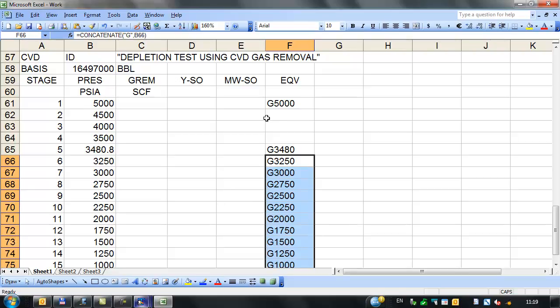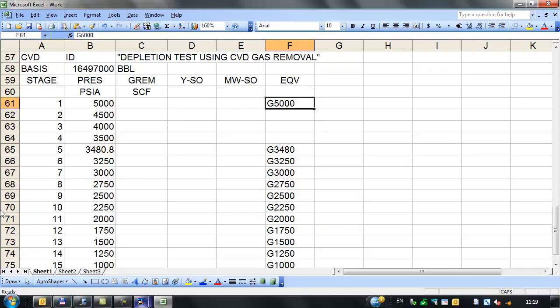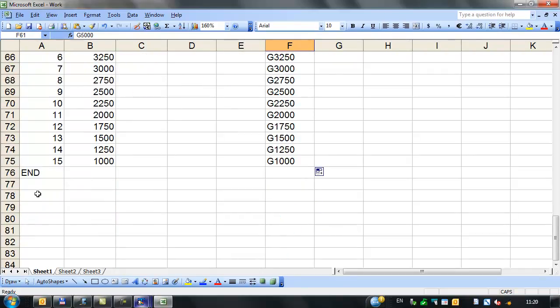That's about the only way to do this manually. So it's a real pain.